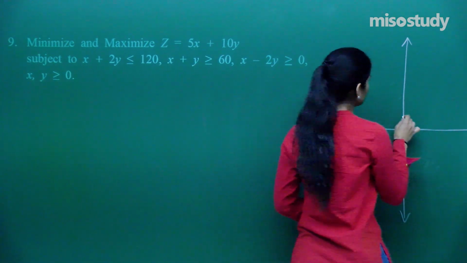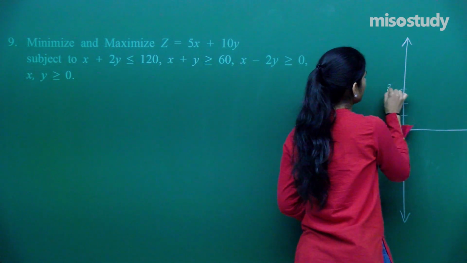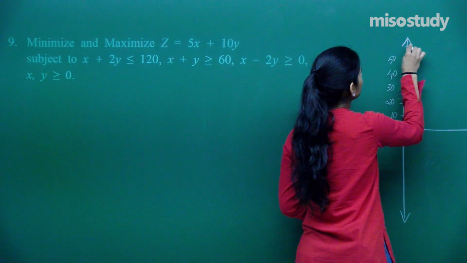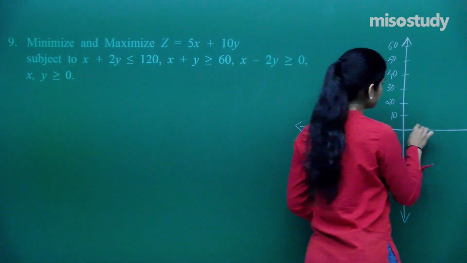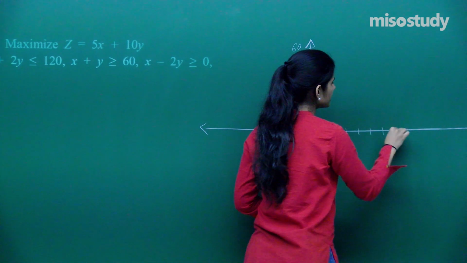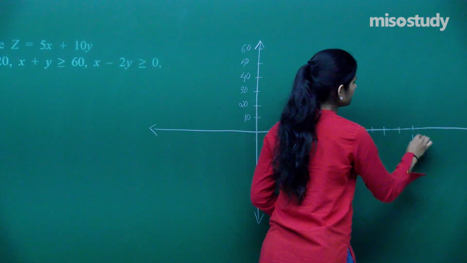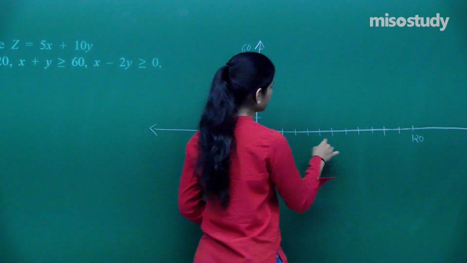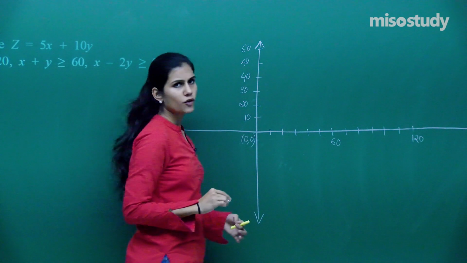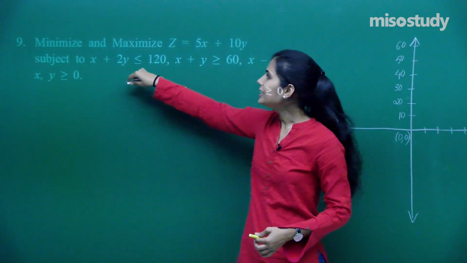So let's talk about plotting 10, 20, 30, 40, 50, 60, 10, 20, 30, 40, 50, 60, 70, 80, 90, 100, 110, 120. This is 60, this is origin. Just for convenience. You have first constraint x plus 2y equal to 120.